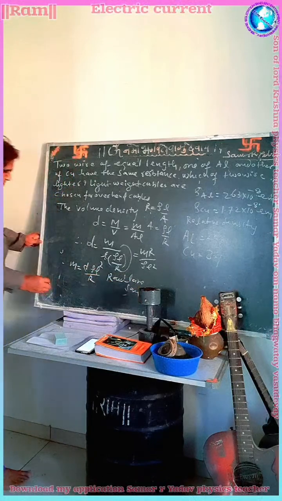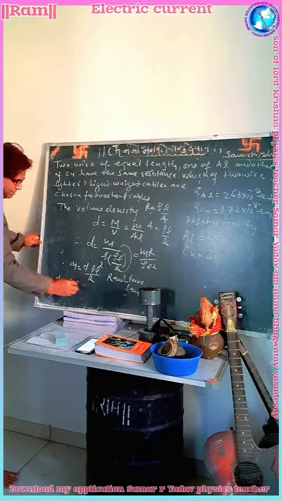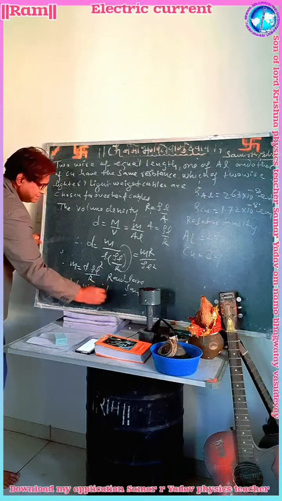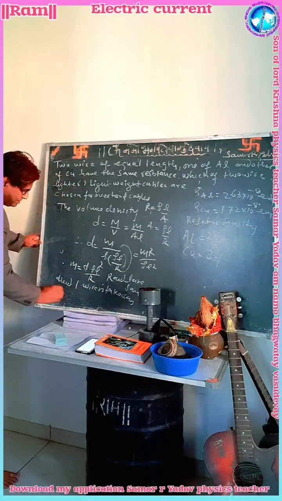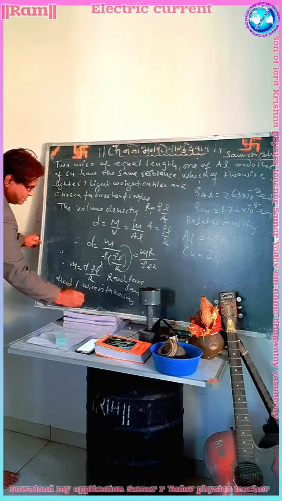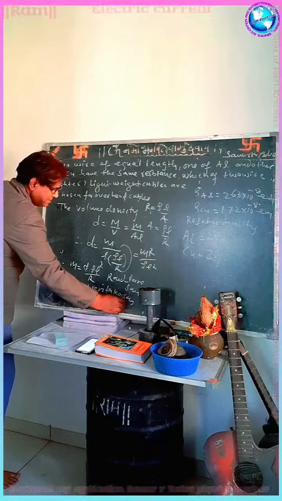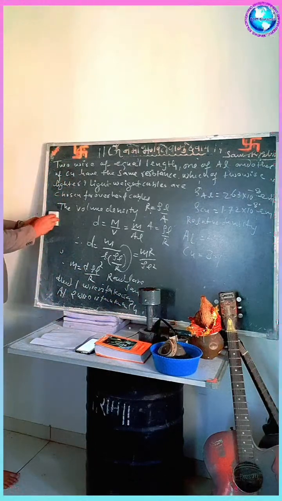So therefore the first wire is taken as aluminum, and the second wire is taken as copper. Now simplifying, you get here.